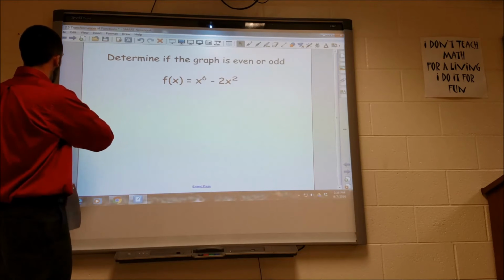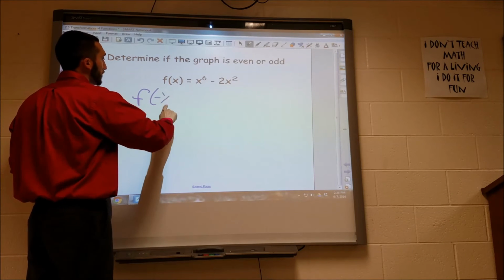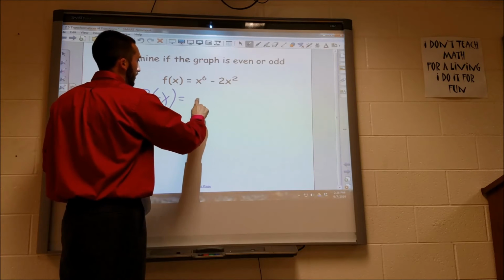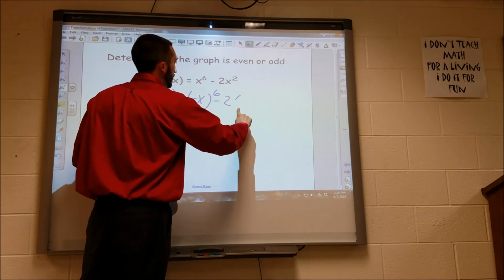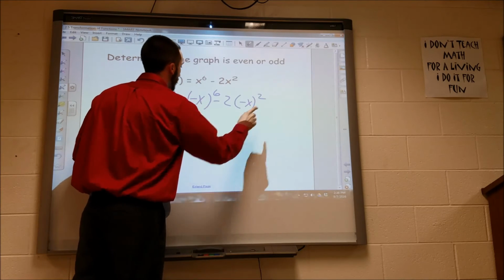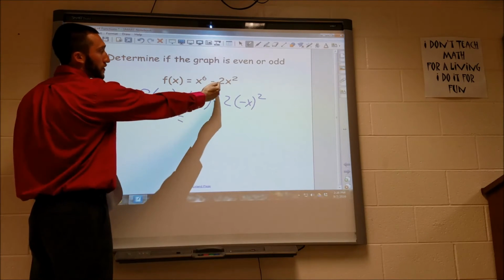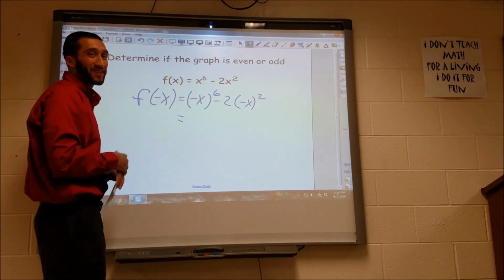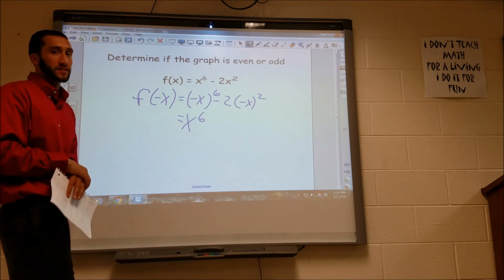First example, so to determine if it's even or odd, I take f of negative x, and I plug that in wherever I see an x. So that's negative x to the 6th minus 2 times negative x squared. Well, negative x to the 6th, anything with an even power, squared, 4th, 6th, doesn't matter if the number is negative, it's always going to be positive, so that's still going to look like x to the 6th.